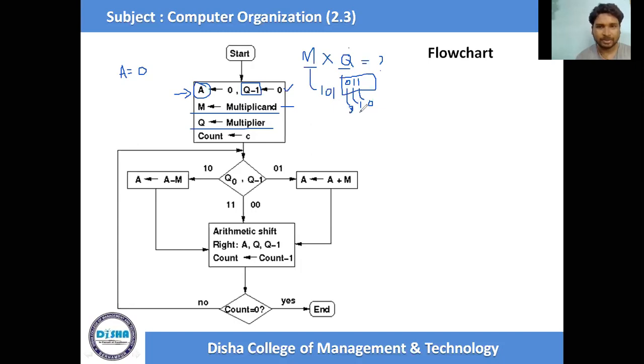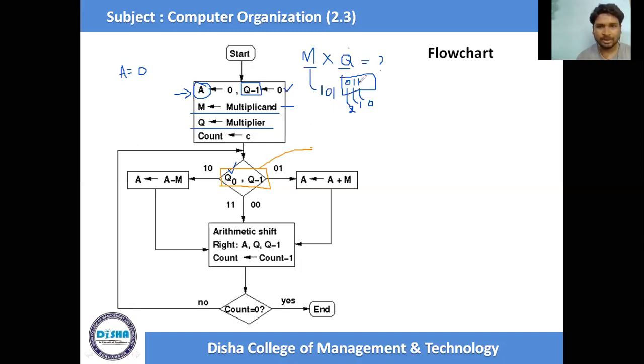In mathematics it is called the place value. So we take the position value of Q, and Q minus 1. Q minus 1 we take as 0 initially. Then we have to compare these two, and see what comes.